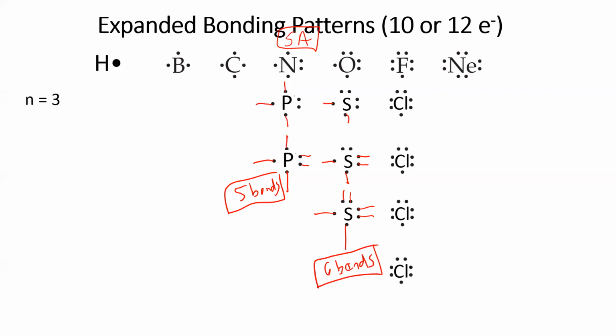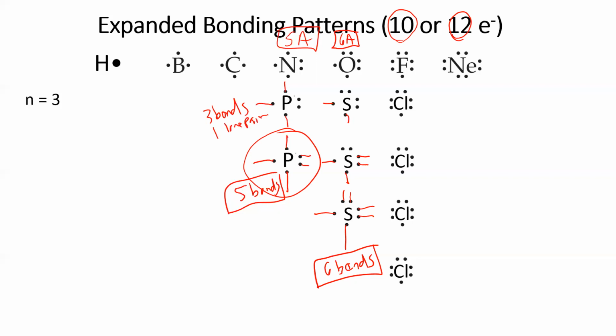And if you look at that, that makes sense because this is group 6A. And if I have 6 bonds, I have a hypervalency of 12 electrons. If I have 5 bonds, I have a hypervalency of 10 electrons. So the pattern for group 5A is 5 bonds or 3 bonds and 1 lone pair.